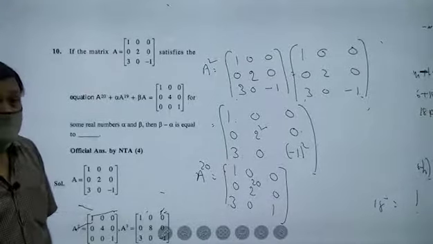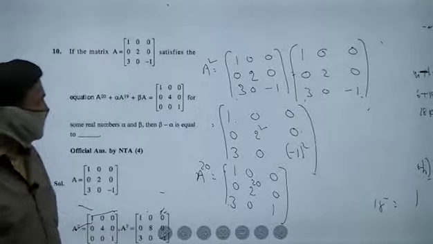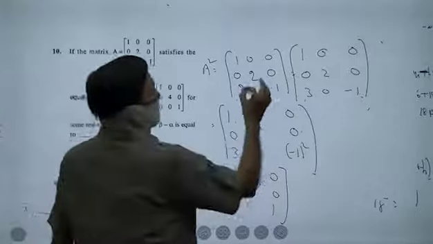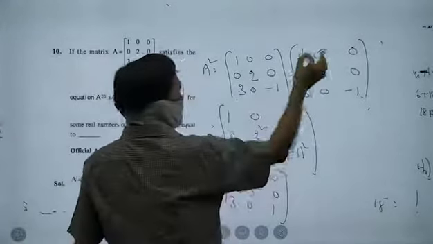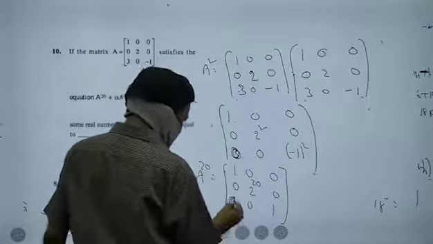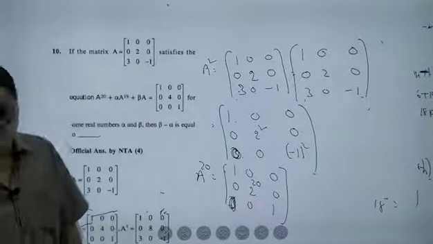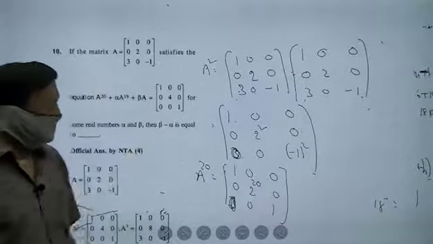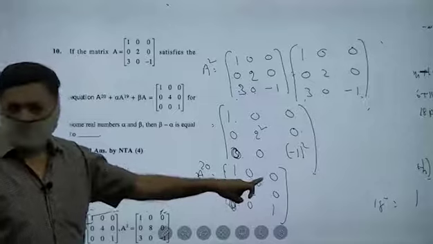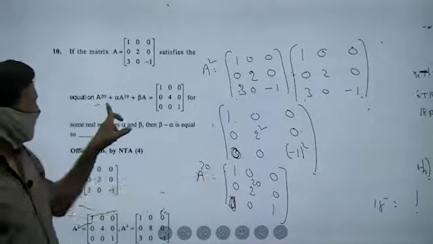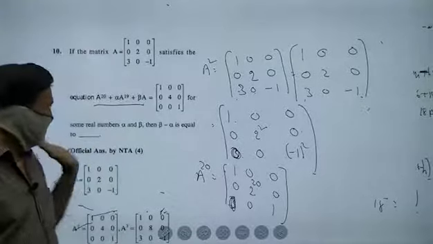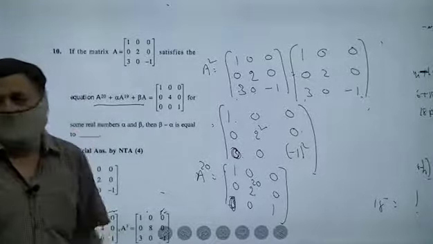You get it in this form, 2^20 comes. A^19, 2^19, you substitute in this, equate, then directly you will get your alpha and beta values.